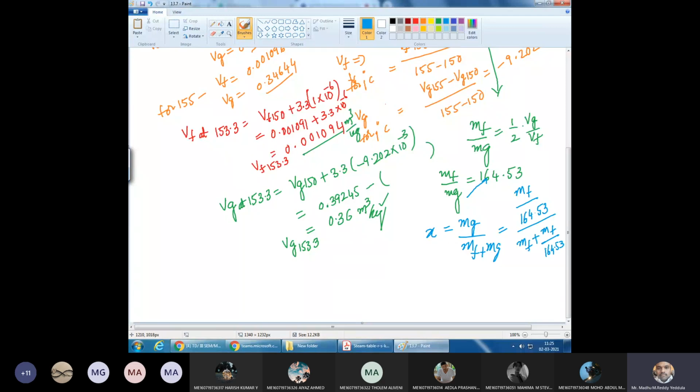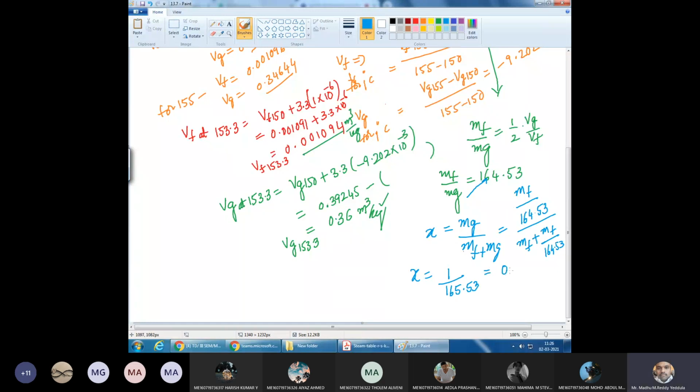Take MF, it will cancel. So X you will get as 1 divided by 165.53, after taking the LCM.